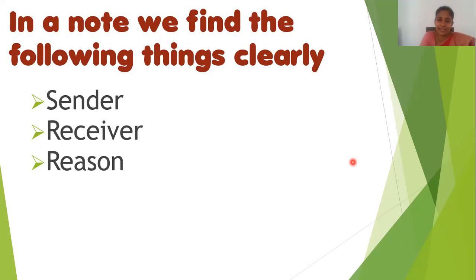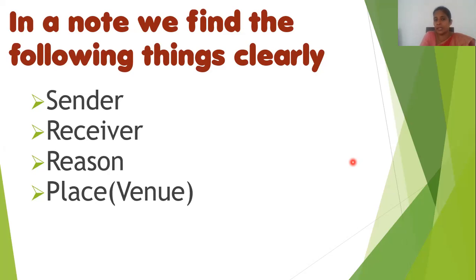That is, the message you are giving, there should be a reason for you to write the note. And the place or venue, that depends on the message you are giving, because if there is a place for you to include, you have to include the place, right? And the next point is time and date.